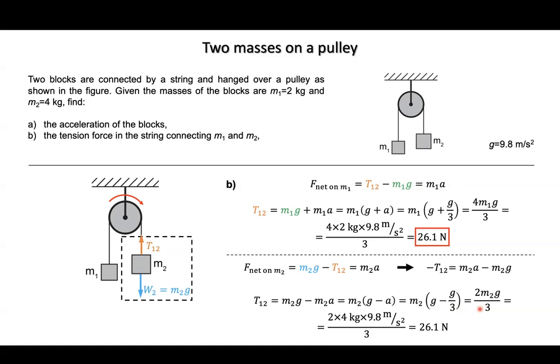And if we plug in the mass of the second block here, and then 9.8 meters per second squared for g, we find the tension force to be equal to 26.1 newtons, which is exactly the same value that we found when we only considered M1. I hope everything here is clear and this video was helpful to you.